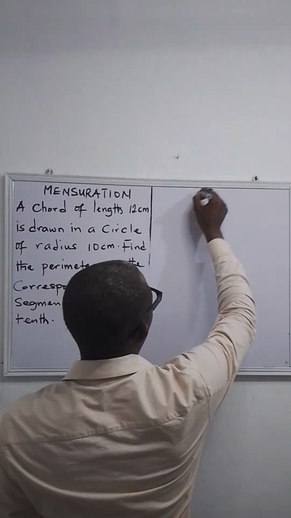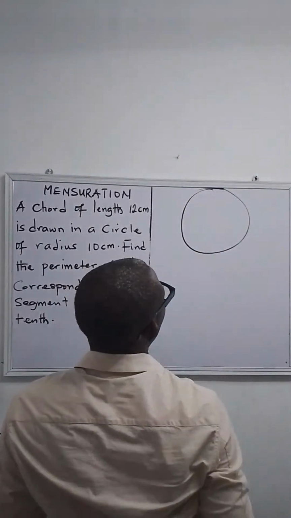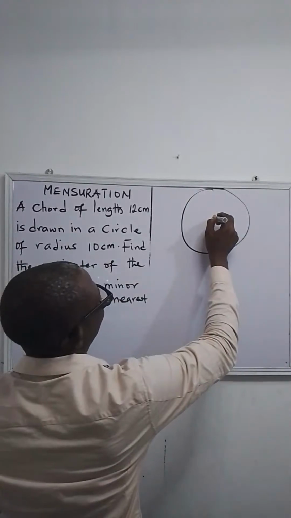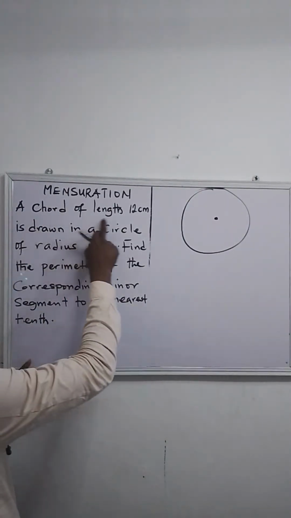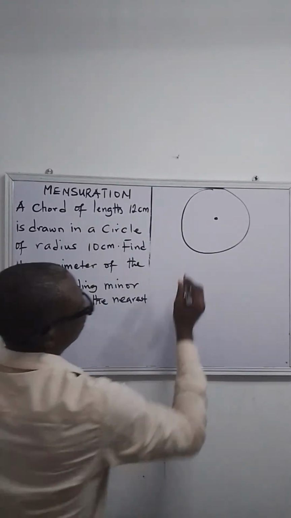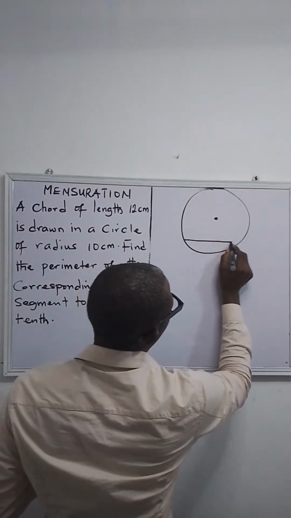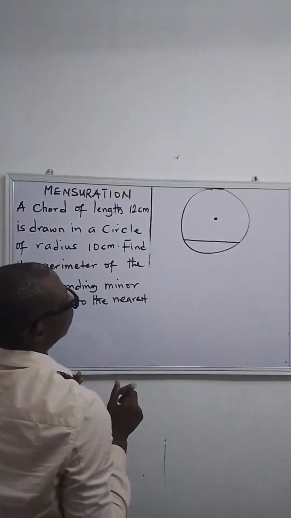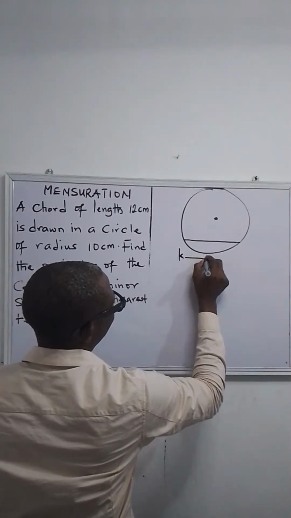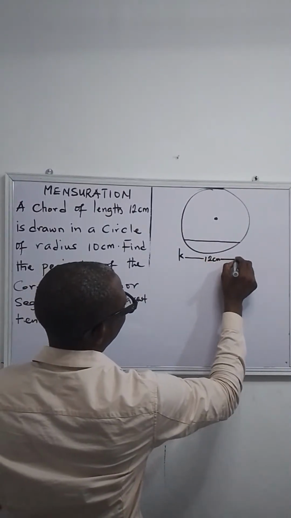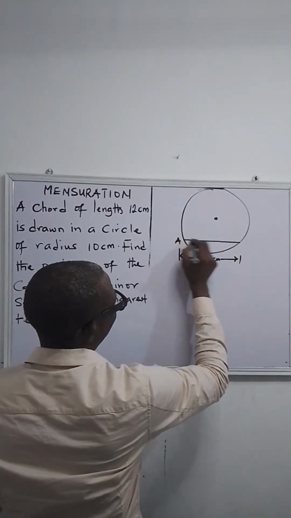Now we have a circle, and we also have a chord inside the circle. The length of the chord is 12 centimeters. So let's call it chord AB.